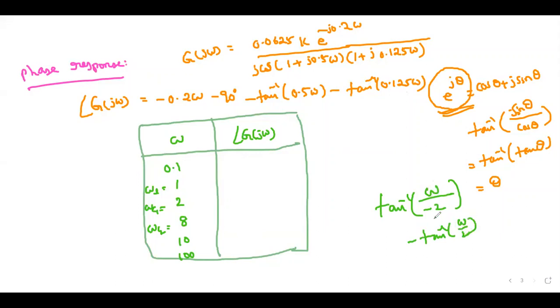Sometimes the situation comes like omega by omega n or minus omega by omega n.